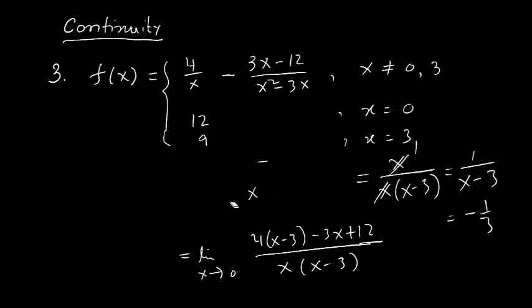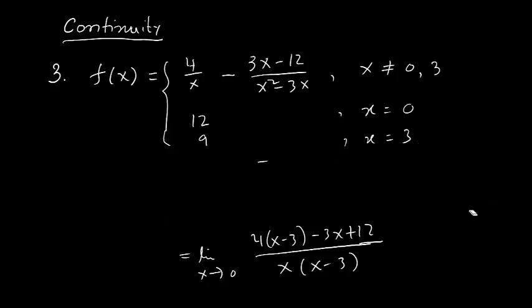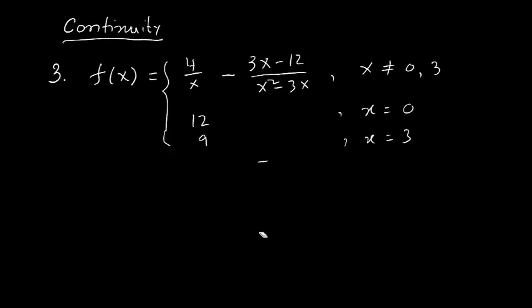Now if you look at what happens, I got limit x goes to 0, f of x is negative 1/3. The limit exists. Now x equals 0, that is given 12 here.